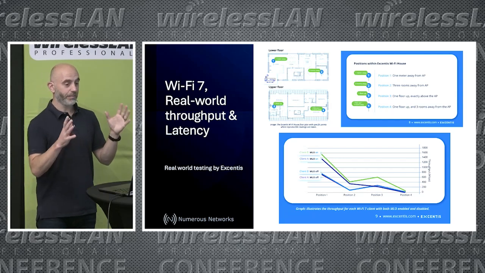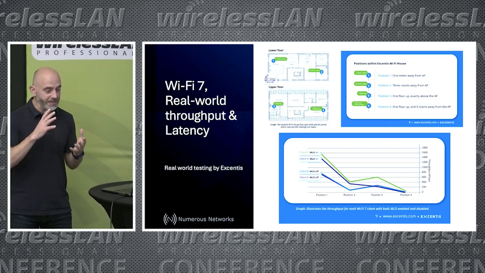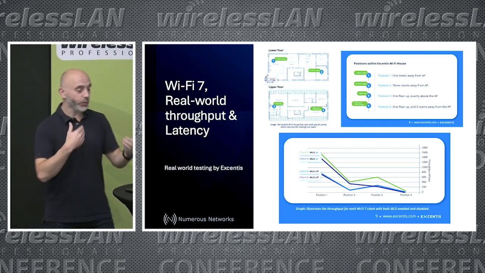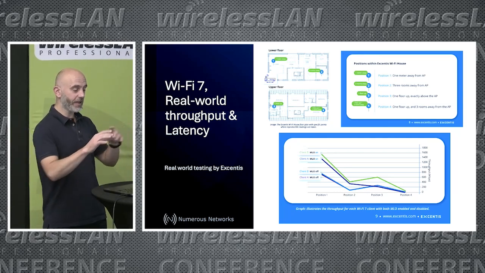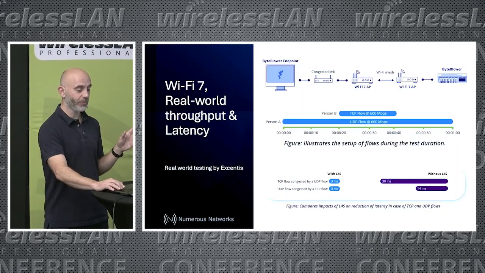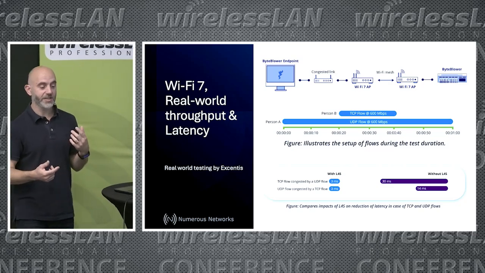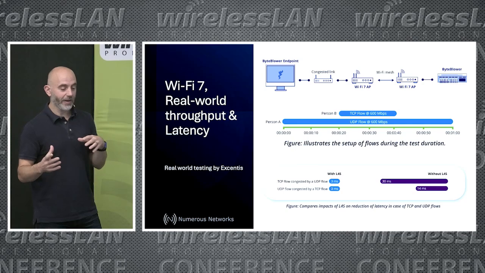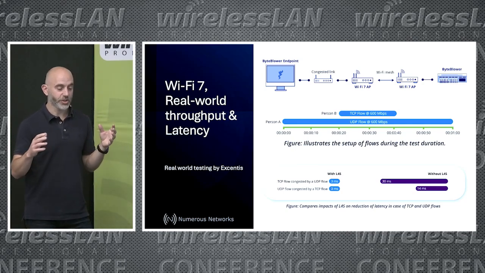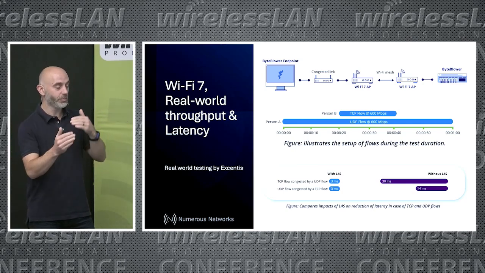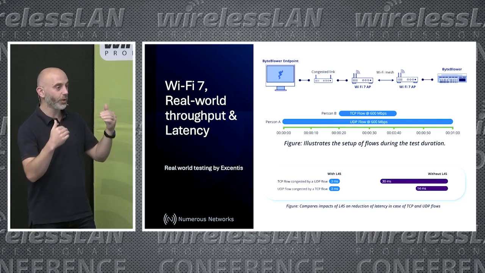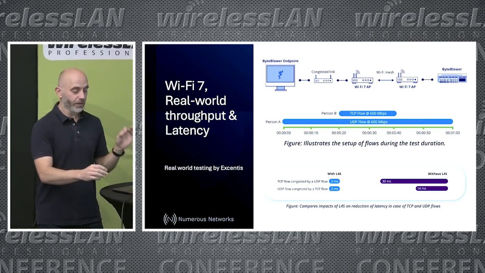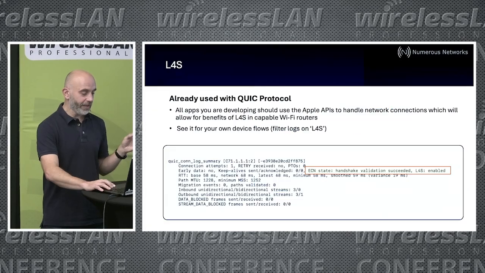They've got a ByteBlower test rig that fires data through a network, and a test house where they can move to different positions and test performance. Here they've congested a UDP flow by putting TCP on top of it, and you can see that without L4S, congestion goes up as you merge the flows, and with L4S you get separate queuing, so it goes through. So that's it, really.